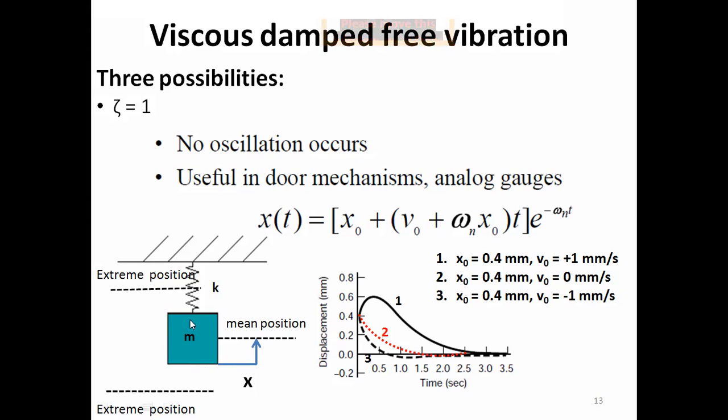Let's say we have this mass and a spring. I'm not showing the damper, but the damper is there. This is the mean or equilibrium position. We have two extreme positions, this is the top extreme position, this is the bottom extreme position, and between these two extreme positions, the mass is there. Now look at the first response: x naught is equal to 0.4 mm and v naught is equal to plus 1 millimeter per second.